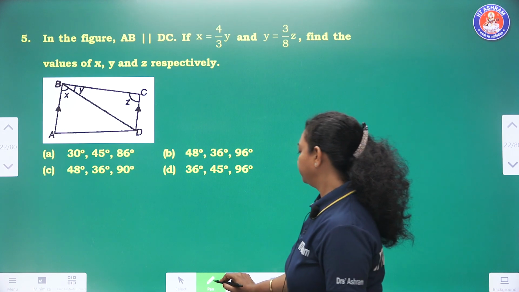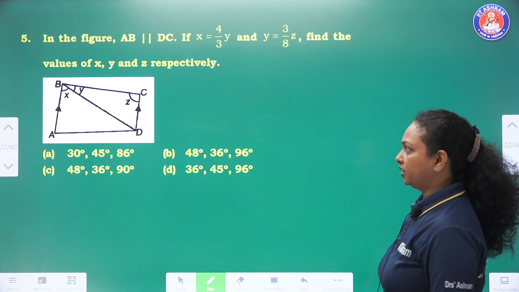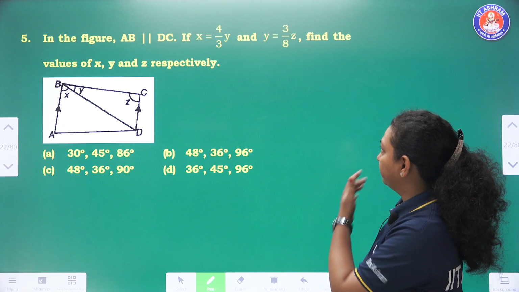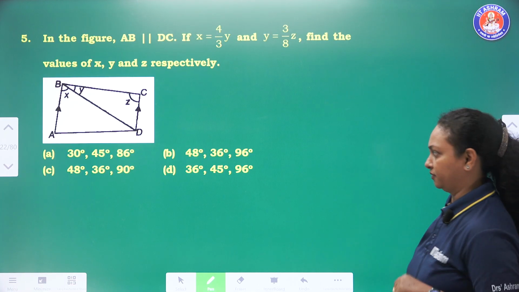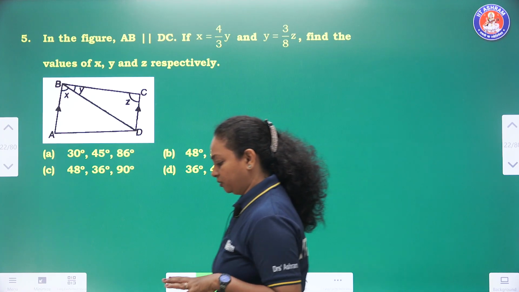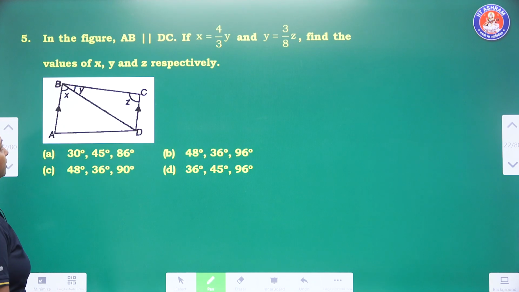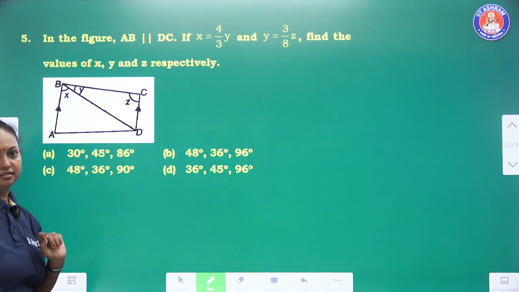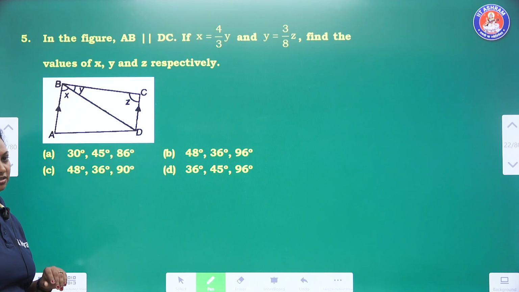In the figure, AB is parallel to CD. Okay, it is already given in the figure. If x is equal to 4 by 3 y and y is equal to 3 by 8 z, find the value of x, y, z respectively. As we know that AB and CD are parallel, what is the sum of x, y and z? Yes, it is 180 degree. How is it 180 degree? Because these two are co-interior angles, right?